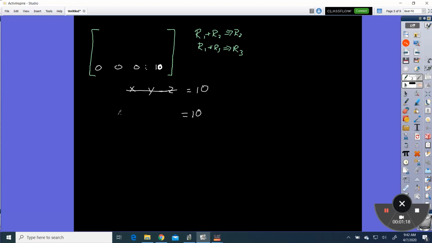If your corral is empty and you haven't put anything in, and all of a sudden you got 10, somebody just gave you a gift, I guess, but it doesn't really work out. So if you get 0, 0, 0, and then a number, that's not true, no solution, okay? Now, if everything goes away and you get 0 equals 0, that's infinitely many solutions.